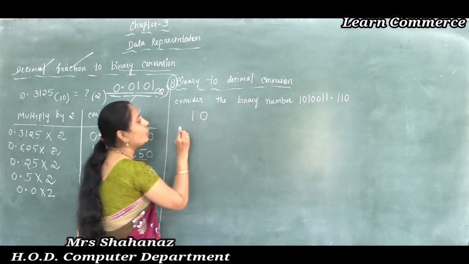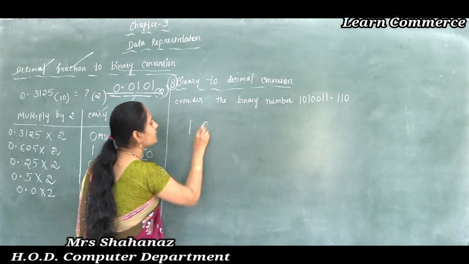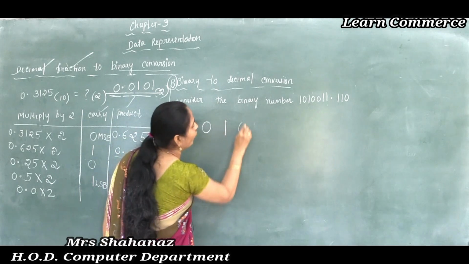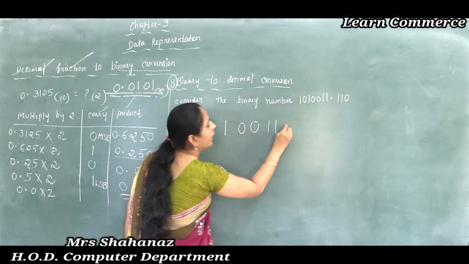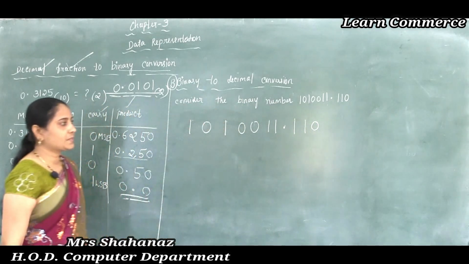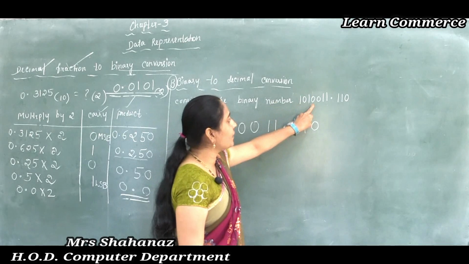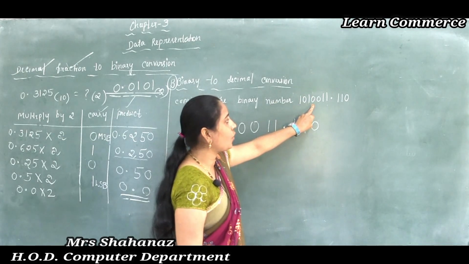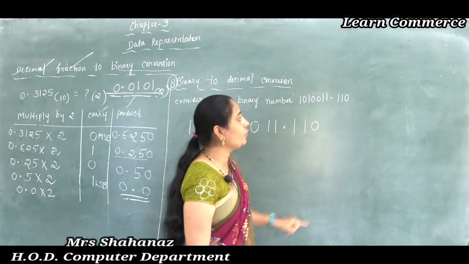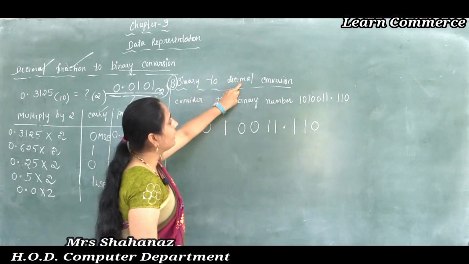The question is: consider the binary number 10100, 11 and fractional 110, that is 101011 fractional 110 here. Convert from binary to decimal.